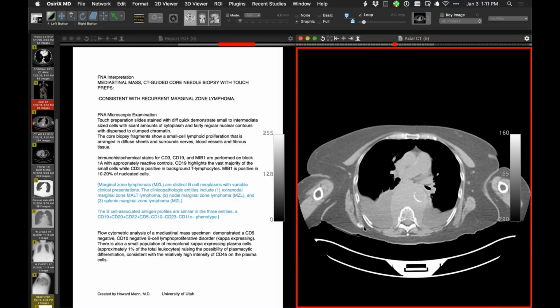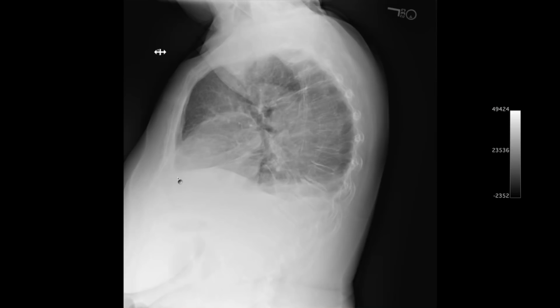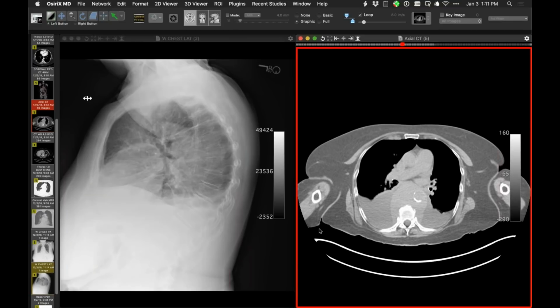lymphoma. Howard, I think what particularly struck me on the lateral view was the disappearance of the posterior margin of the descending aorta. There's something smudging the back wall of the aorta compared to before. So I would put the bulk of this mass alongside the descending aorta, which the CT confirmed, and it does overlap back to the paraspinal location.